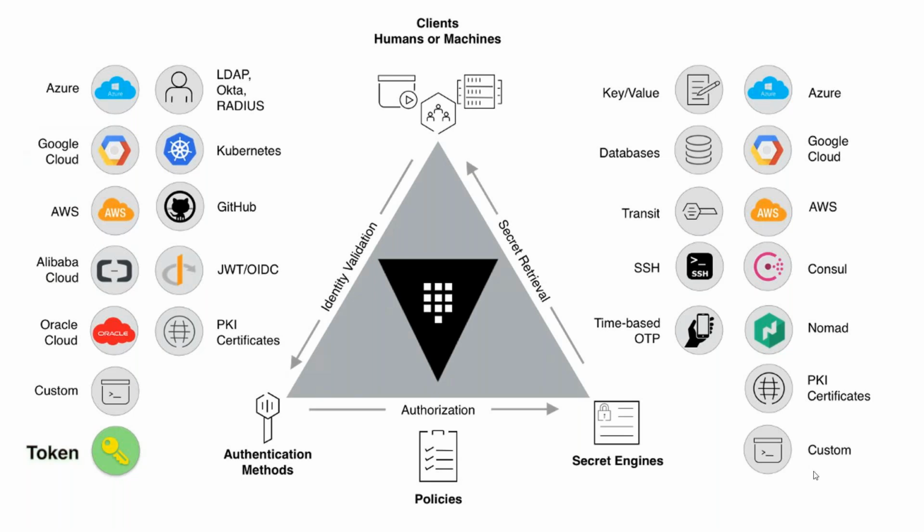But the default was the root token, which we used. In fact, you can use a user ID and password also to authenticate to Vault. Once you are authenticated, how do we allow the access, who should be accessing what? For that you have policies, which is called authorization.